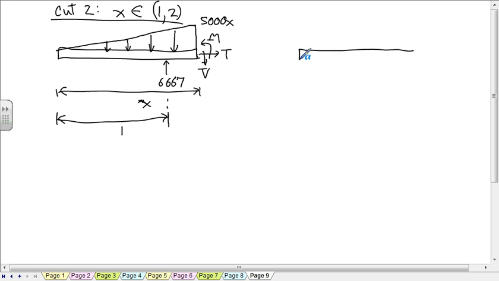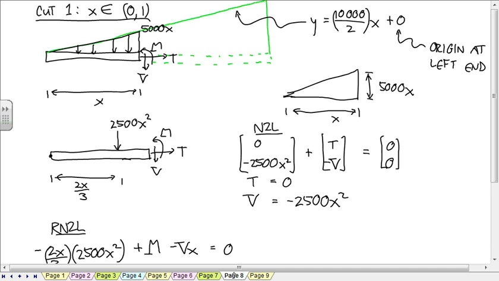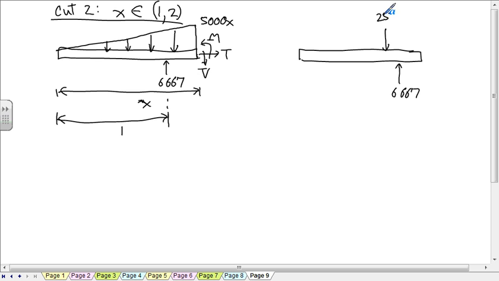So now that we've chosen what to isolate, we can represent that distributed load as a point force. And all the math works out the same on this as it did for cut 1. So we have a downward force of 2,500x squared acting with a moment arm of 2/3 x.